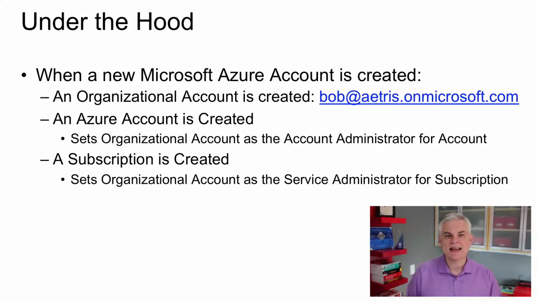Now this means that as the service administrator, I can add Azure services. So I can provision new virtual machines, I can add new storage accounts, I can deploy or add Azure websites. And there can only be one service administrator for the subscription.